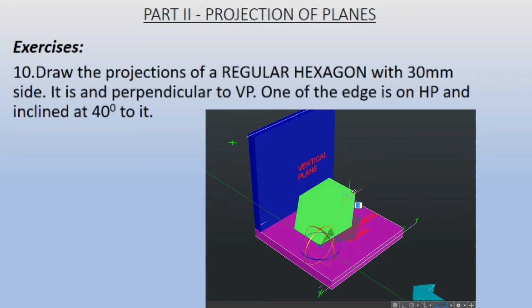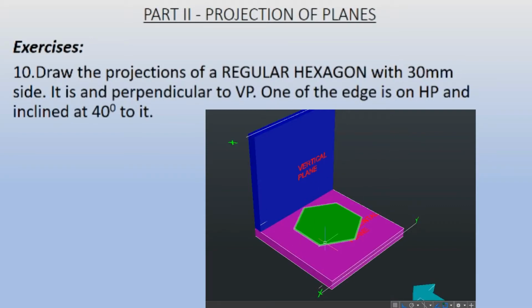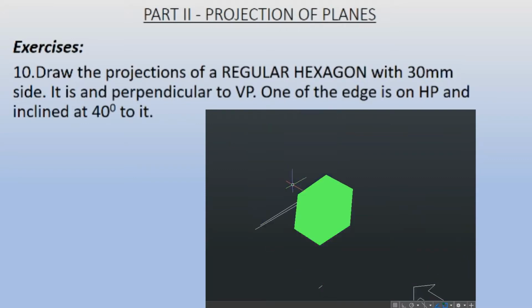So let us tilt this object in this position. So I have tilted this object. Now I'll delete the planes and extra lines, so that it will become easy for you to imagine.